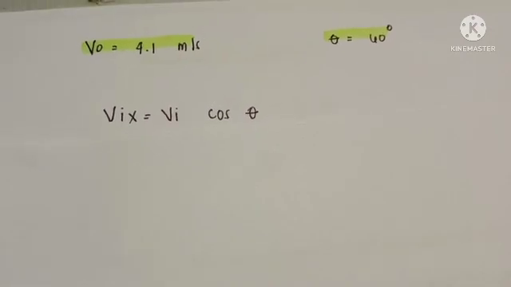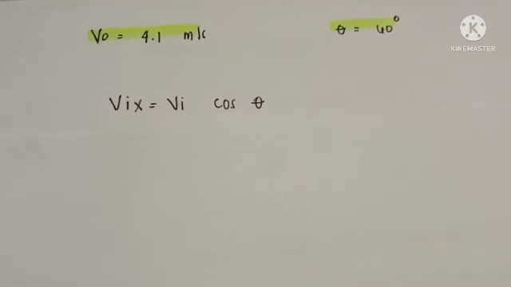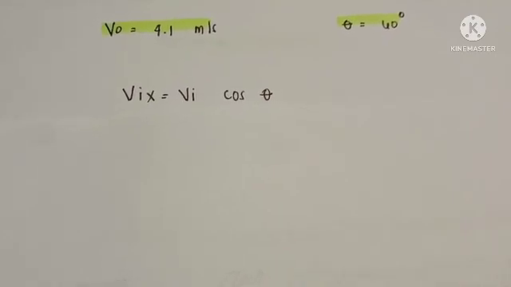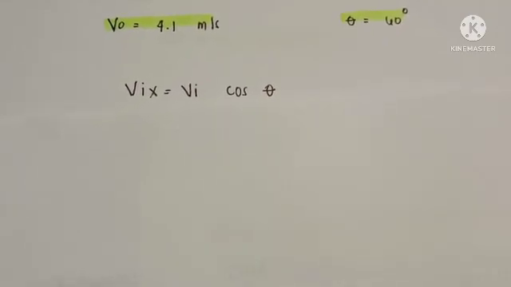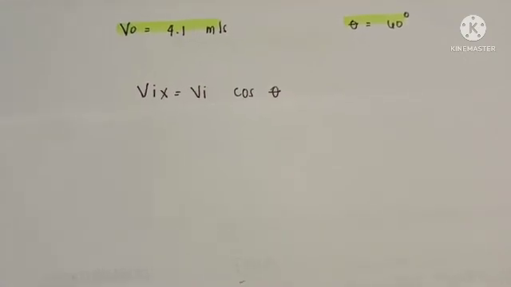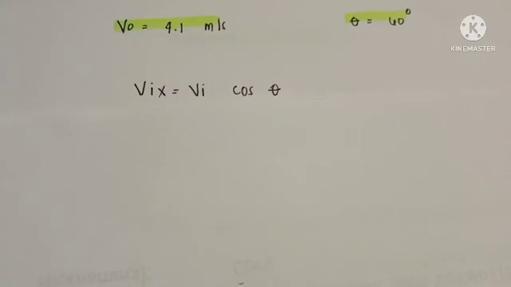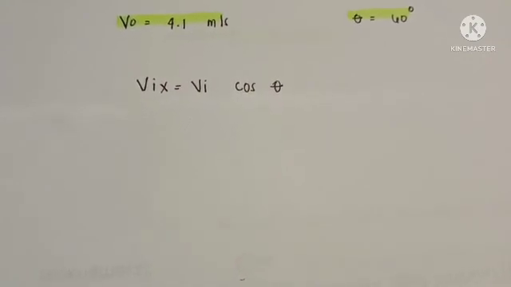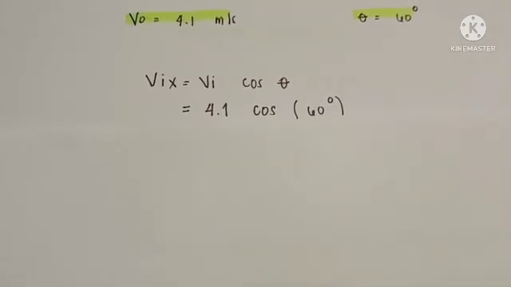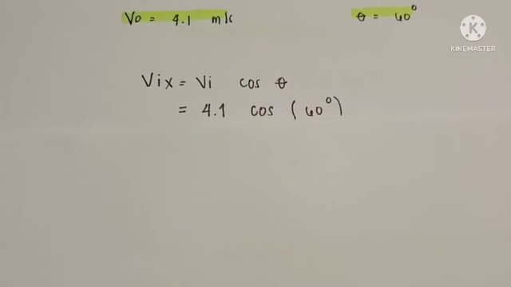Next, we are going to find the initial velocity in the horizontal direction. The formula that we are going to use is the initial velocity in the horizontal direction is equal to initial velocity times cosine theta. The given initial velocity is 4.1 meters per second, and the angle theta is 60 degrees.